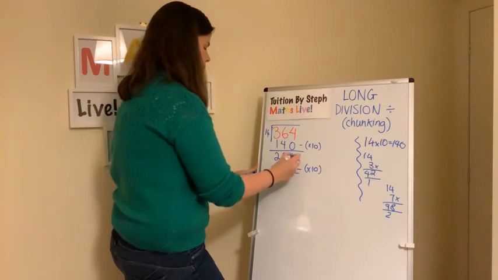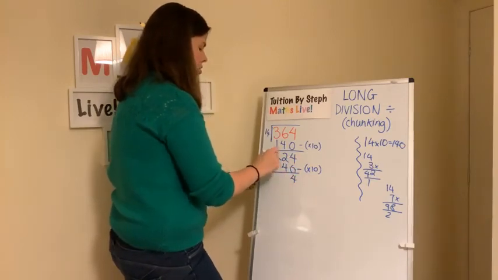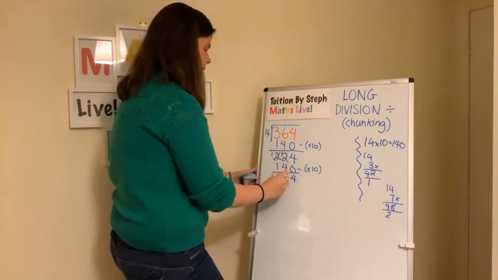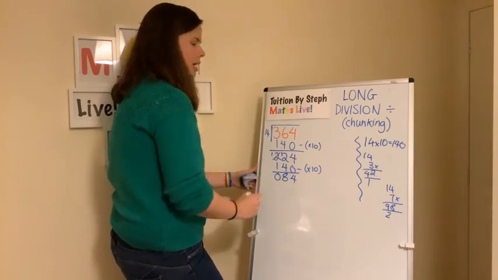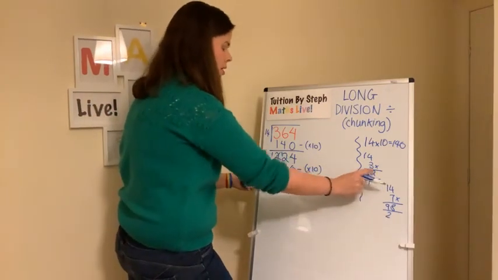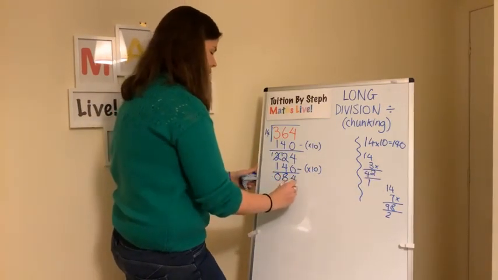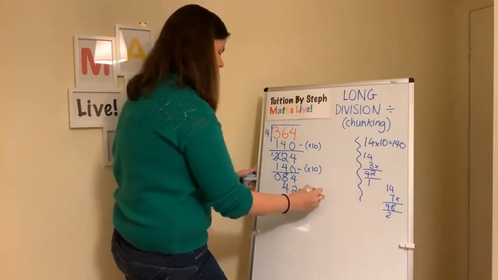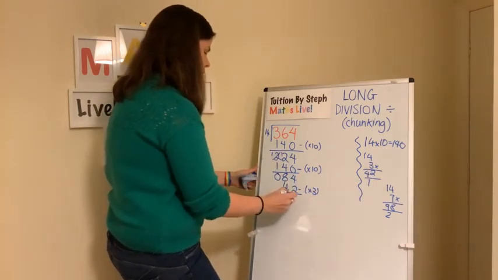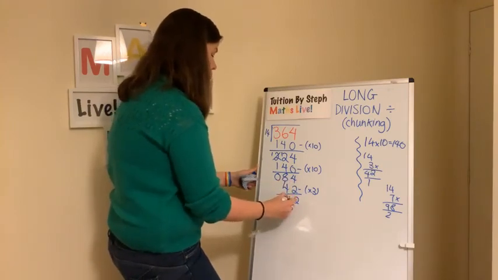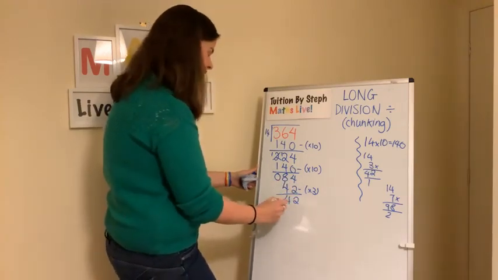Okay. 4 take away 0 is 4. Can't do this, so 12 take away 4 is 8. 1 take away 1 is 0. 84. Oh, that's a bit too big. 42. And 42 is 3 lots of 14. So 4 take away 2 is 2. 8 take away 4 is 4. Oh, look! 42.